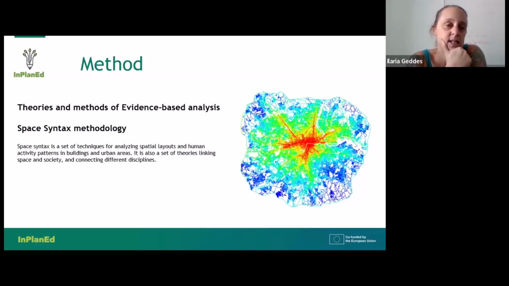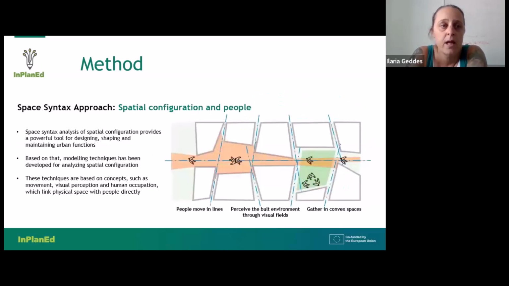So it links space with society. And it's based on the idea that how we perceive the environment is linked to where we are in it. So as we move through space, what we actually see in front of us changes.